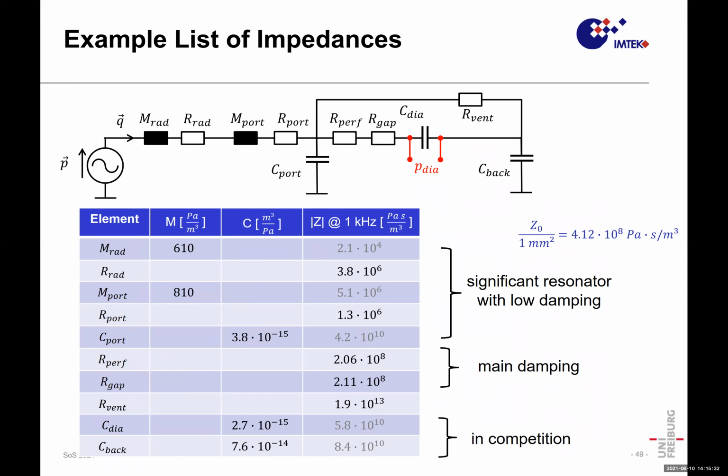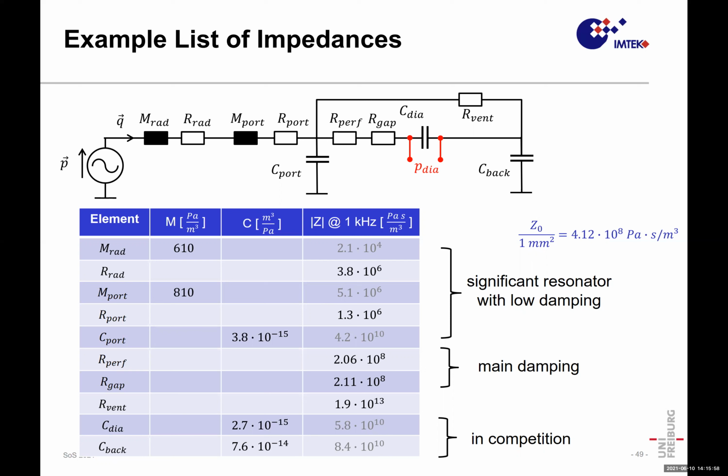And finally we see here the ventilation resistance, the highest of all. Then the perforation, most relevant for the damping of the system, much more than the port, for example, and the radiation. So this is how we can compare the system finally in terms of performance.